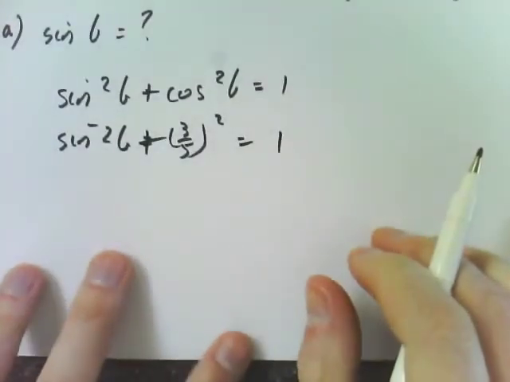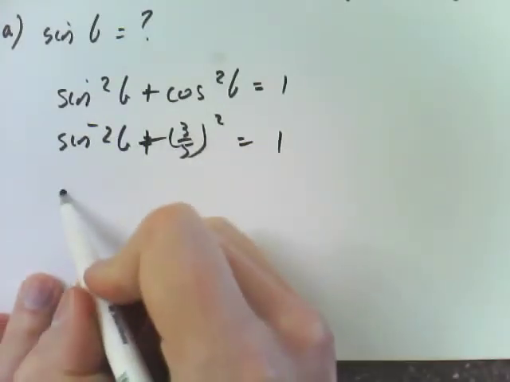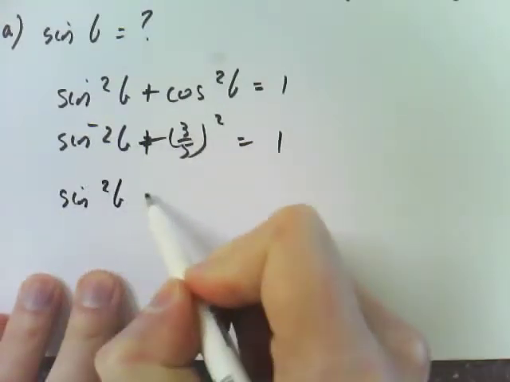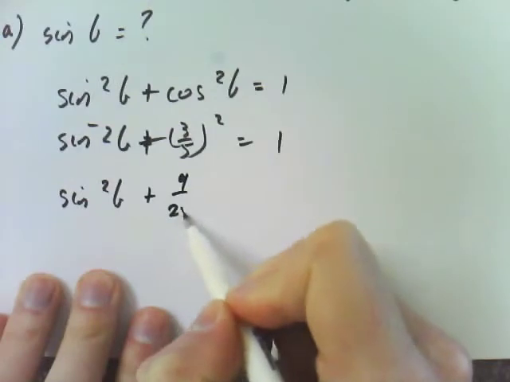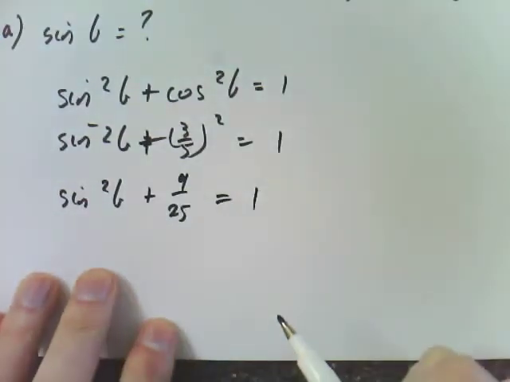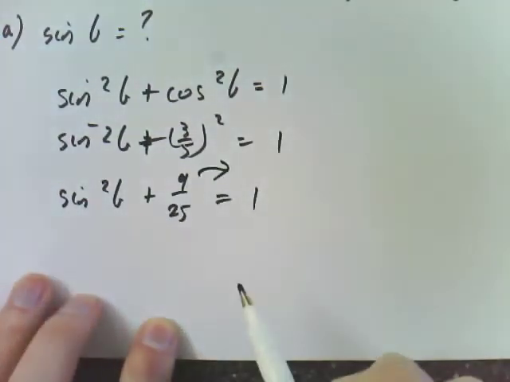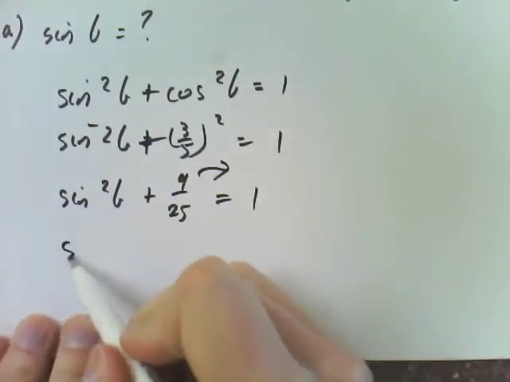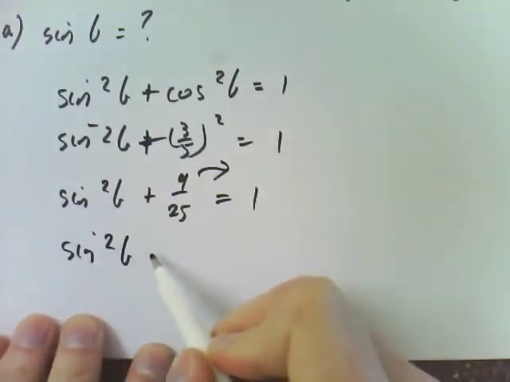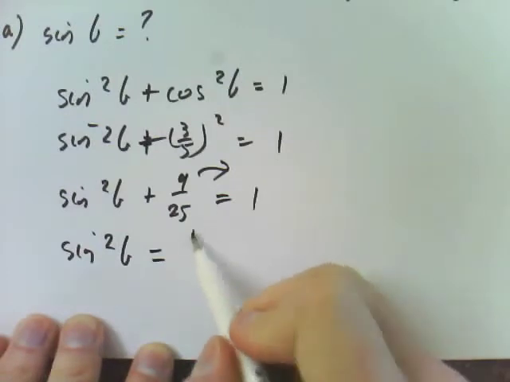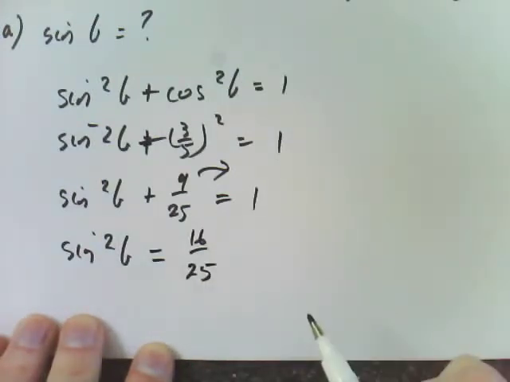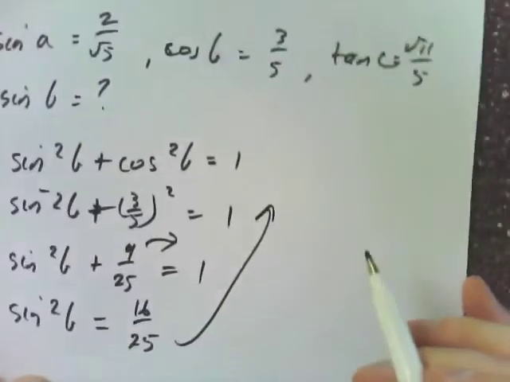3 on 5 squared, so sine squared B plus 9 on 25 equals 1. Then we're going to subtract that over to the other side, and we end up with sine squared B equals 16 over 25.